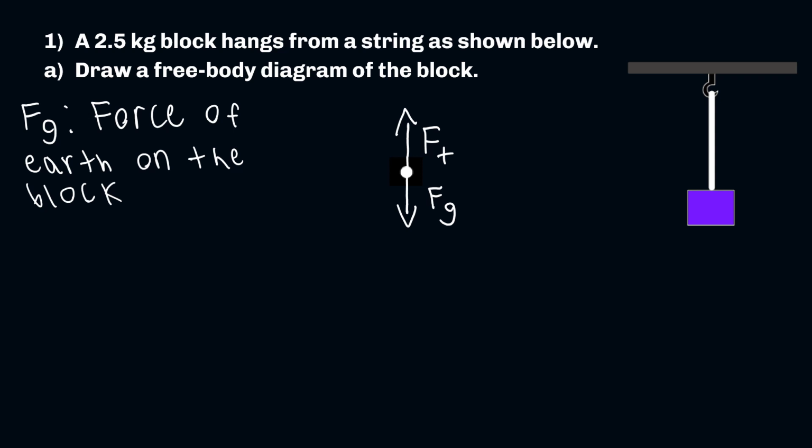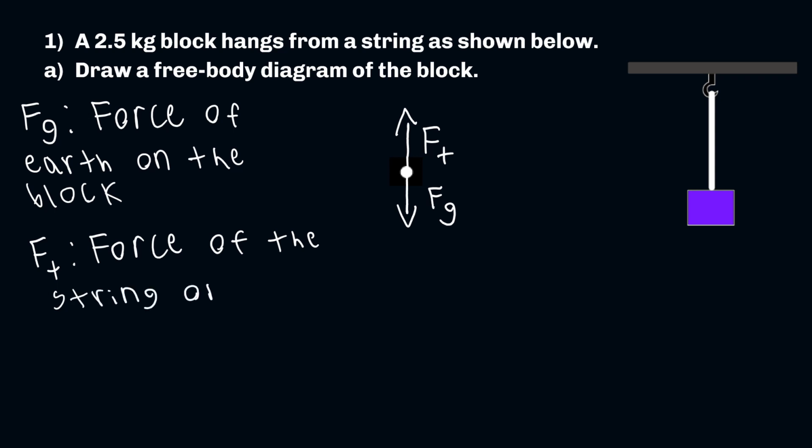So again, it doesn't matter how long you make the arrows here as well, unless the AP exam says specifically to do that, which sometimes they do. So we're going to do here that F_T is going to be the force of the string on the block.